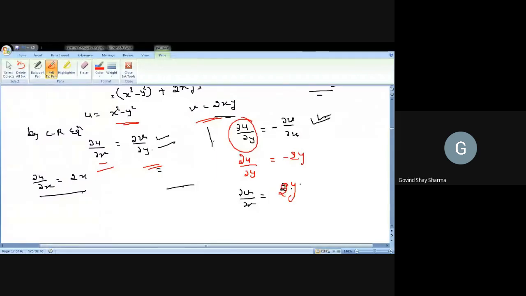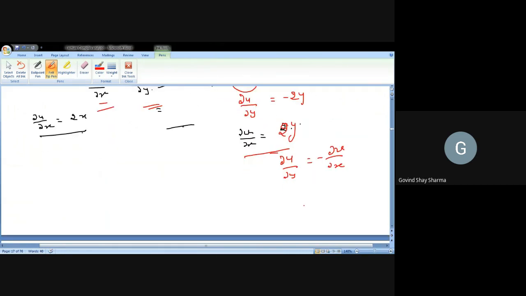So this is equal to the minus of this. So we can say del u upon del y is equal to minus del v upon del x. That means the CR equations are satisfied.